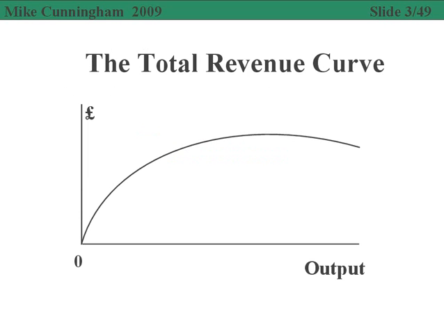If I can put the cursor onto the screen for a second. As output increases, we have to cut price at some stage to stimulate further output, further demand. And as we cut the price, the line becomes curved. So that will be our total revenue curve. Eventually, if we carried on cutting the price, the curve would start to come down.